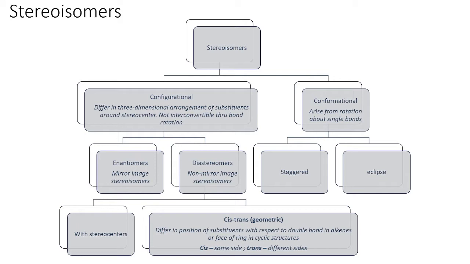Also, conformational isomers arise from the rotation about single bonds.